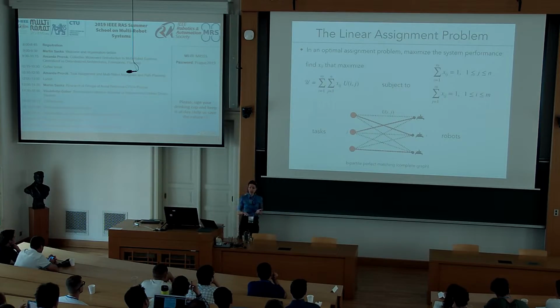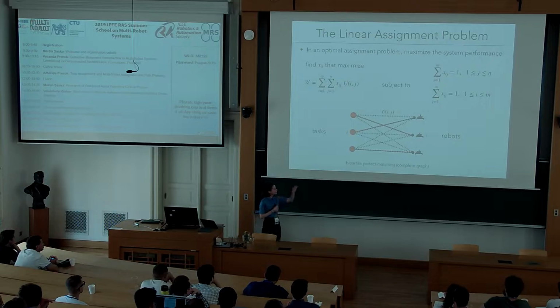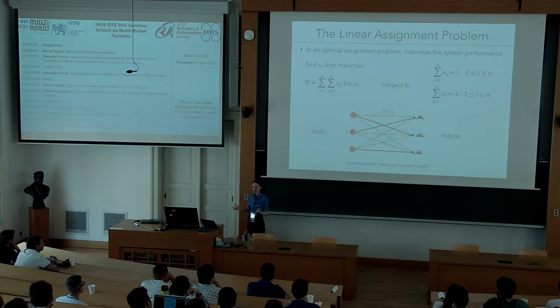Then I have constraints on these variables, because I can only assign one given robot to one given task, because a robot can only do one thing. And I'm only going to assign one robot to any given task, so I don't need more than one robot working on any given task. Those are the two constraints in my system, and if I can maximize this objective subject to these two constraints, then I have solved my task assignment problem optimally.